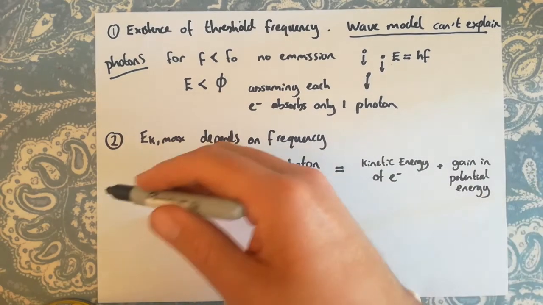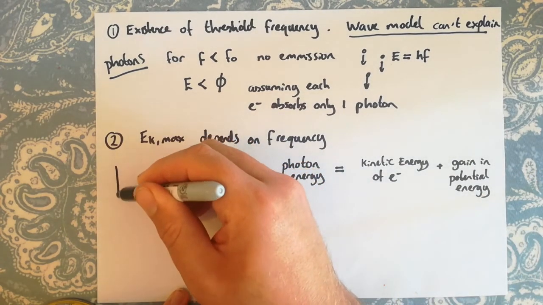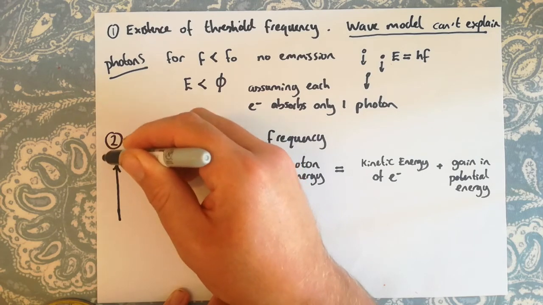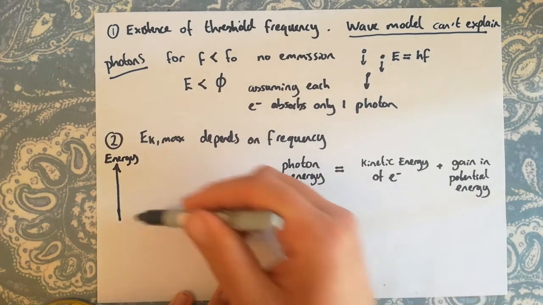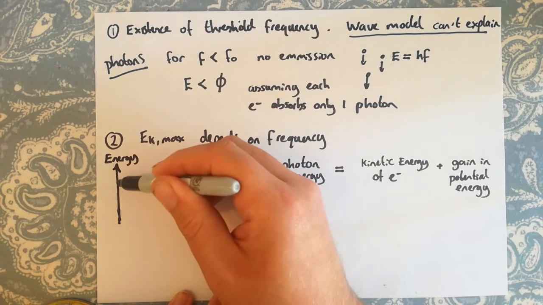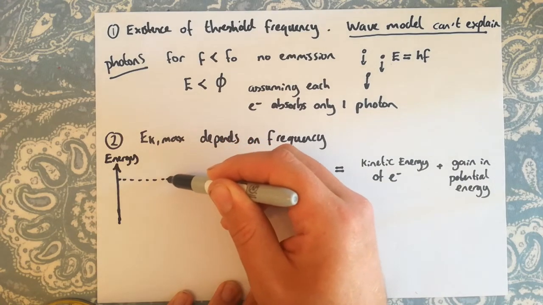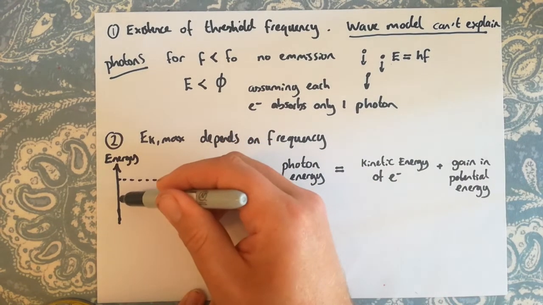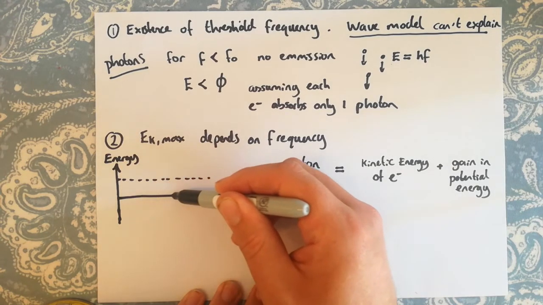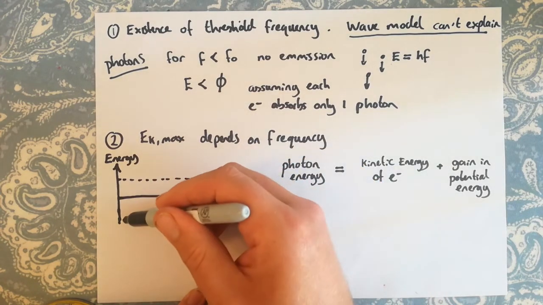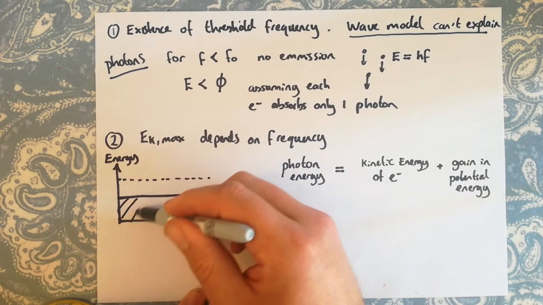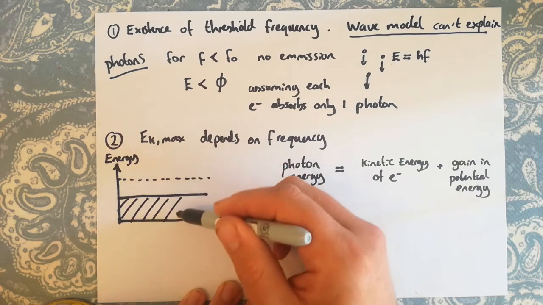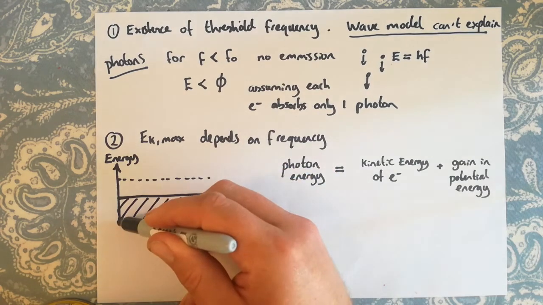So if we go back and just revisit this diagram that we drew, I think in the second film, we were drawing this sort of scale with different energies of the electrons inside the metal, and we had this idea that there was a band, a range of different energies that our delocalized electrons could have.